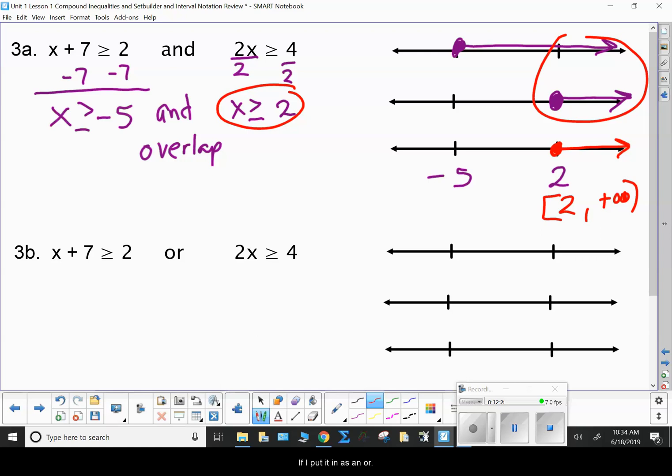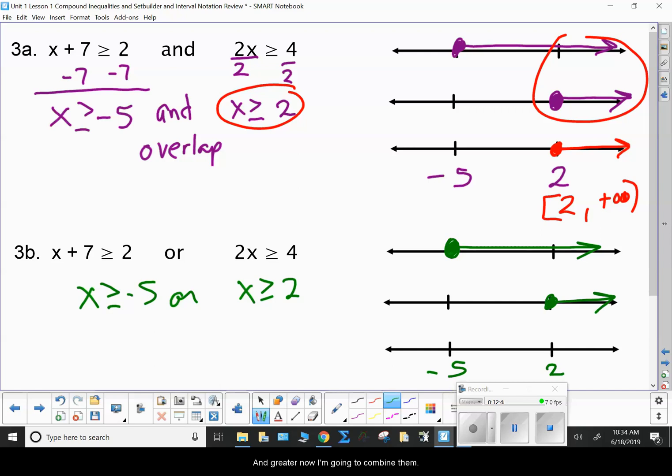Now, if I put it in as an or, I would have x greater than or equal to -5 or x greater than or equal to 2. Let's put the -5 here and the 2 here. Again, from -5 and greater, from 2 and greater. Now I'm going to combine them. Well, that's from here to infinity.